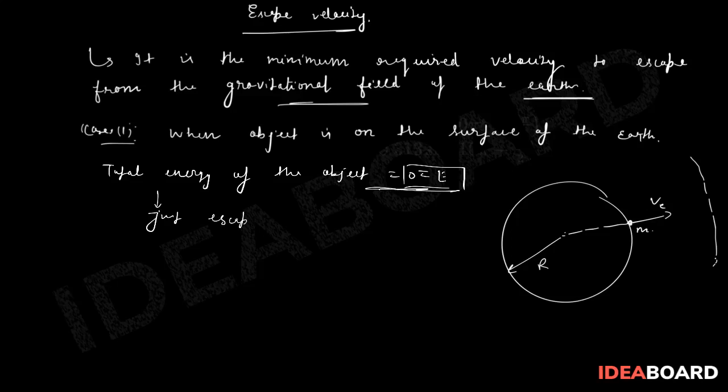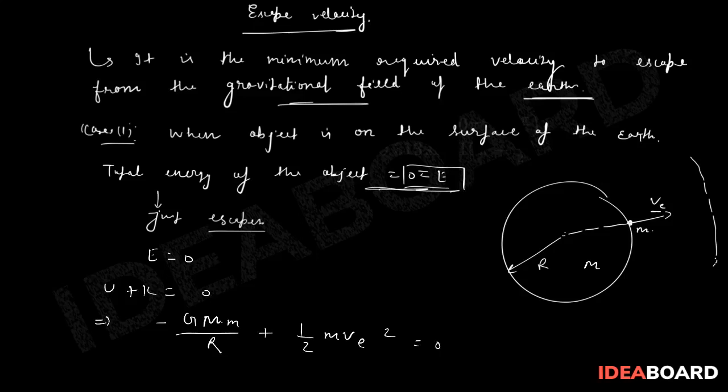If it just escapes, we can write E is equal to 0. So let's say we provided V_E velocity. We know that U plus K is equal to 0. Now the value of U on the surface of the earth is minus G M m upon R, where I'm assuming the mass of the earth is capital M and the object's is small m, plus half m V_E square is equal to 0.